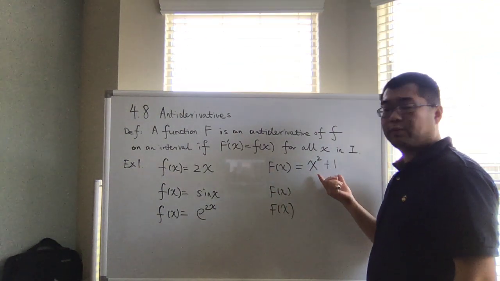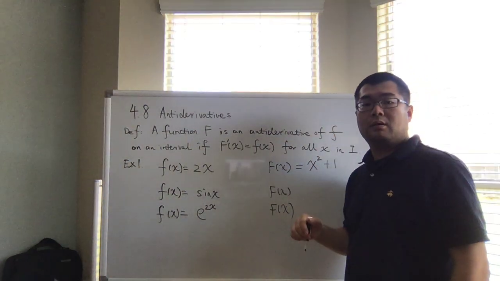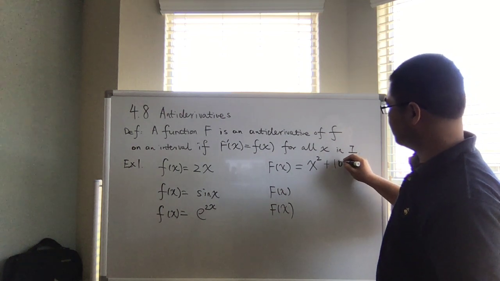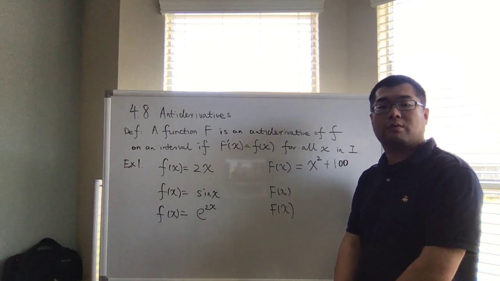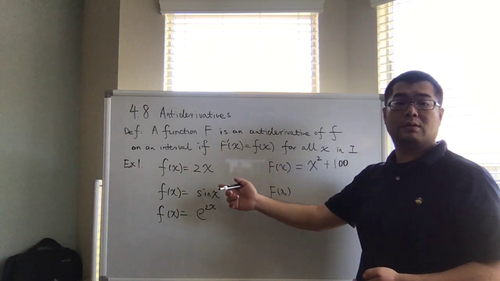So x squared plus 1 is also an antiderivative of f. Now, what about if I change this arbitrary number to 100? The derivative of x squared plus 100, do you see that it still gives you 2x?